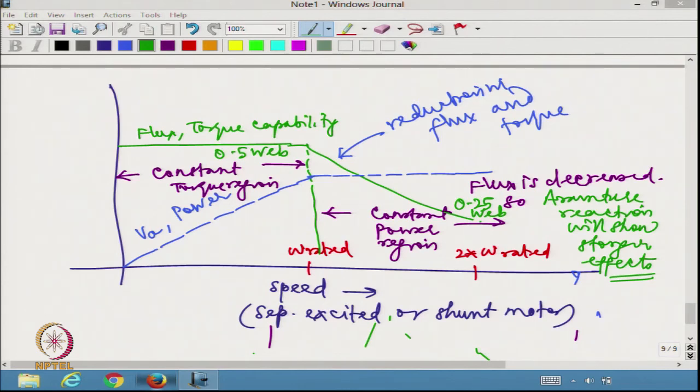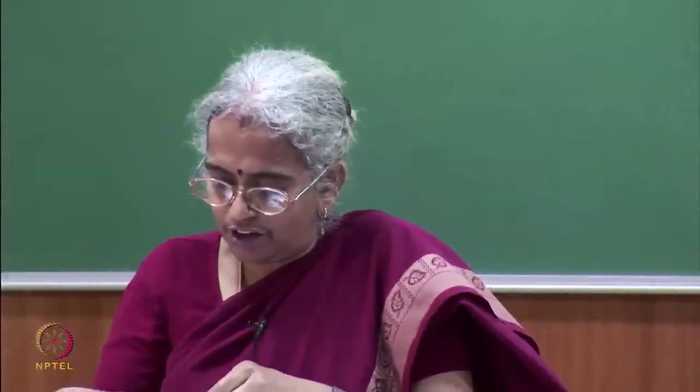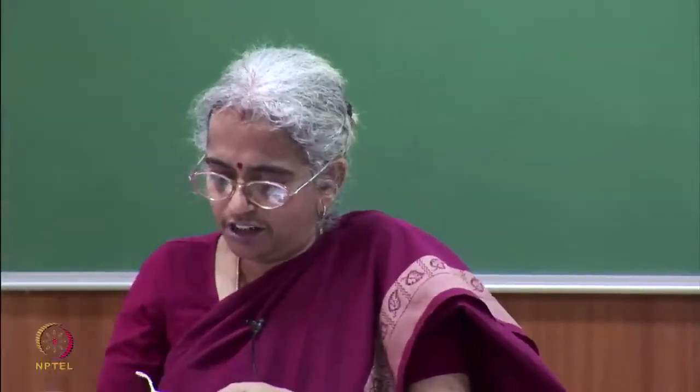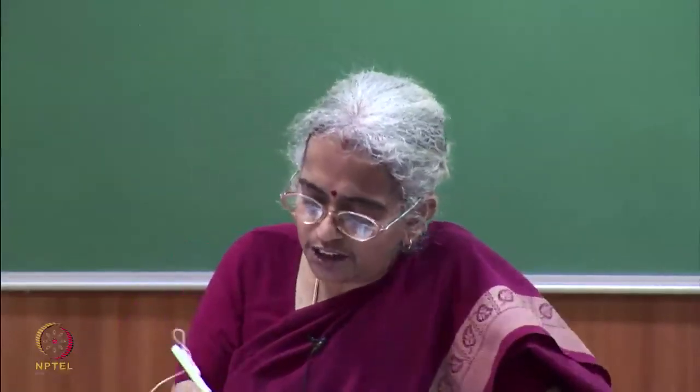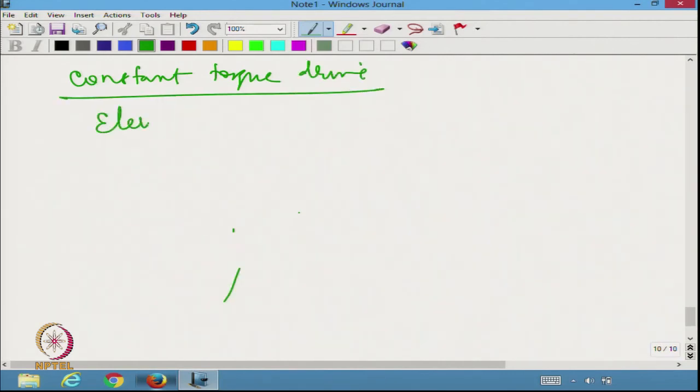So, let us try to see what we do, corresponding to the constant power and constant torque zone. So, constant torque zone will be employed, or constant torque kind of drive will be employed in certain applications like elevator, where maybe so many people get in and I can't ask them to get out.